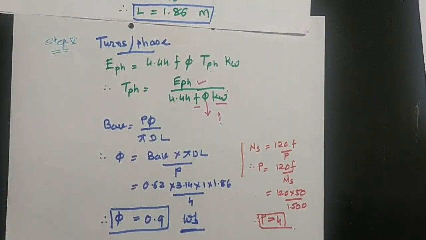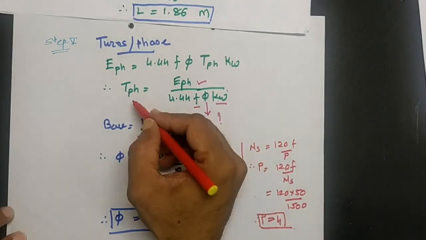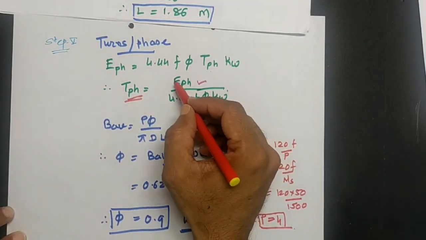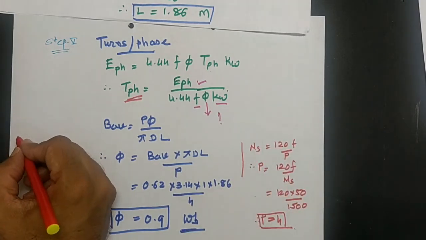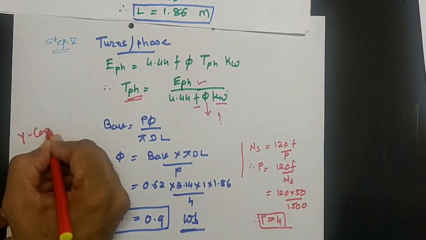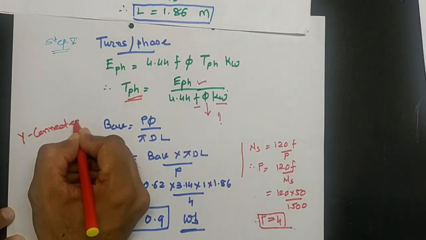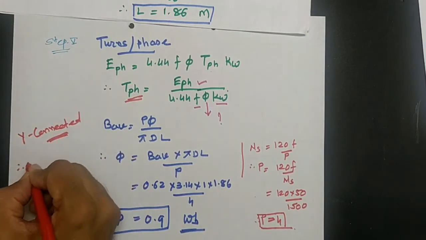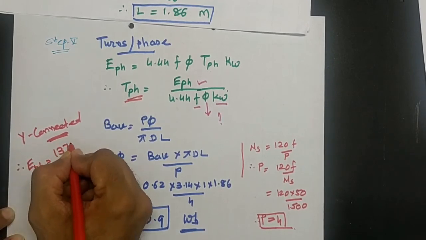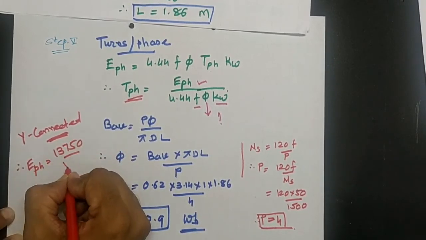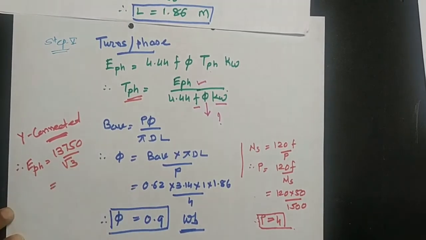Now that we have flux available, from the equation of turns per phase we can easily calculate turns per phase. But before this, we need the terminal voltage per phase. It is given that it is star connected, and therefore E phase is 13,750 divided by root 3, because it is star connected.